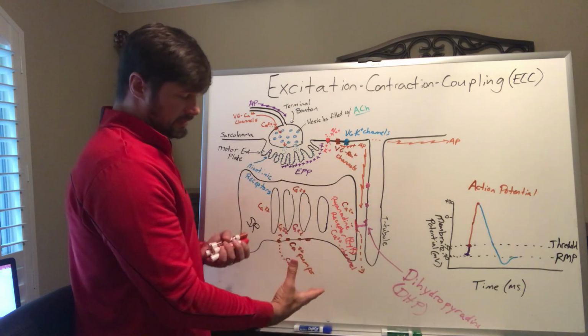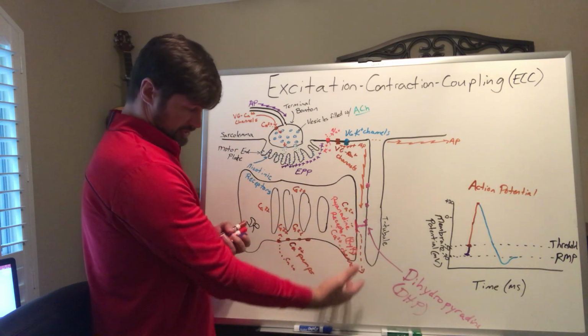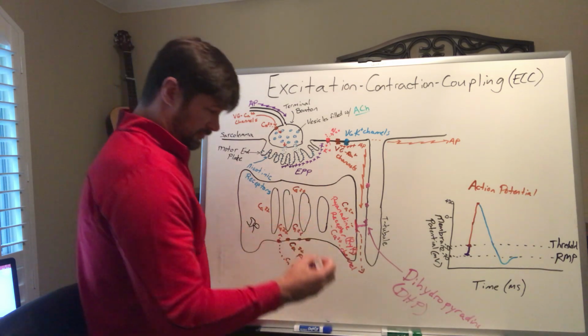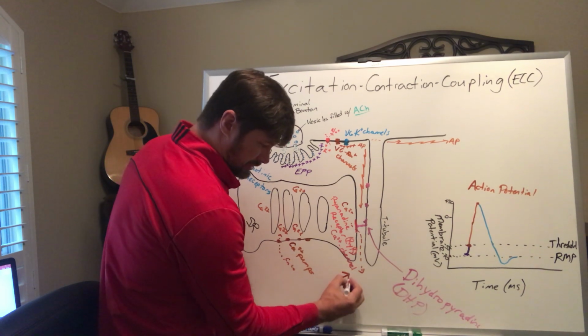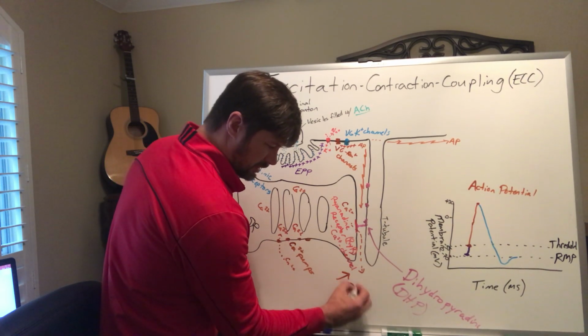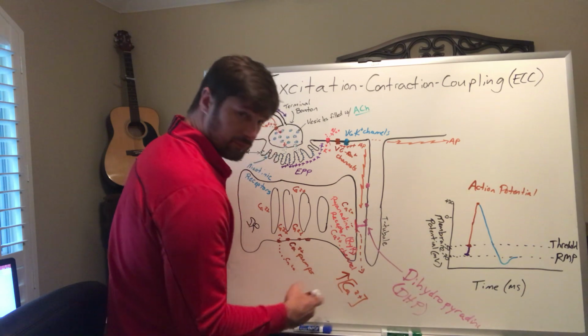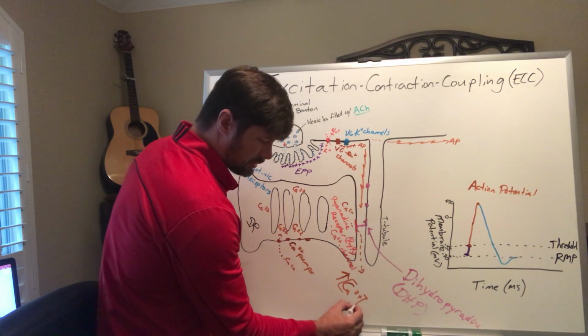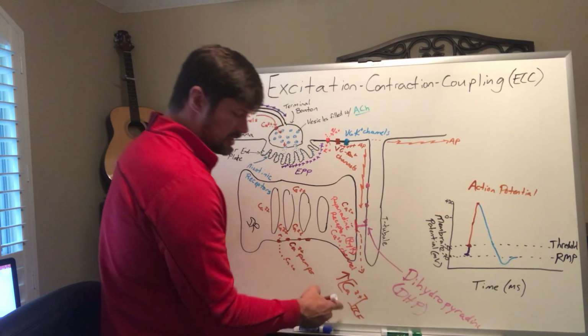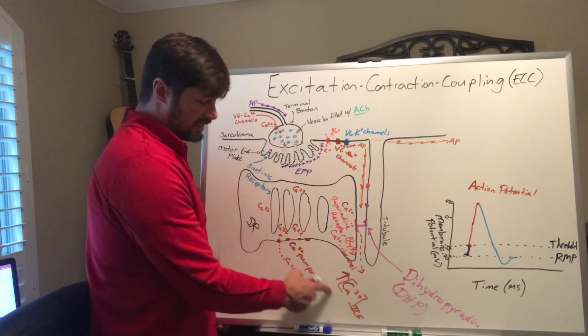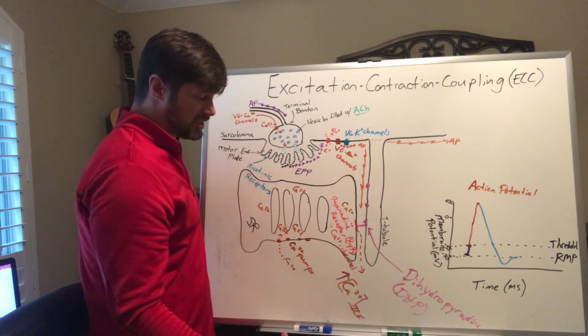And we draw it like this because it's easier to show that calcium comes down here, and therefore the intracellular concentration of calcium, brackets meaning concentration, subscript ICF, is increasing. It's just easier to draw that way.